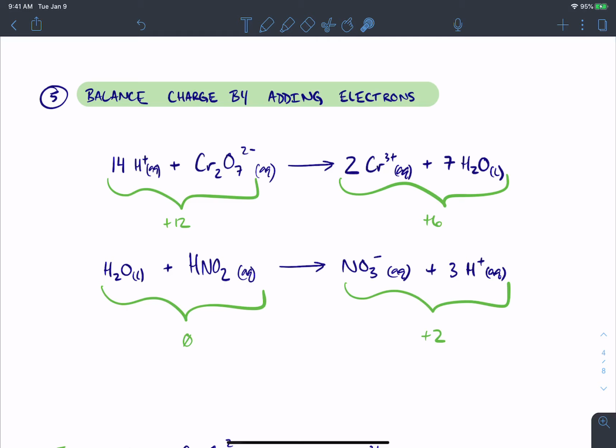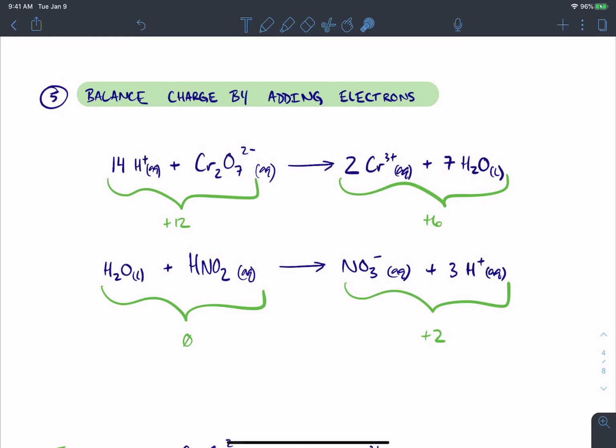So if we total up the number of charges on each side of each one of these half reactions, we'll notice that on the reactant side of the chromium half reaction, we have a total of a plus 12 charge, because we have these 14 positive charges and then 2 negative charges for a total of 12. And then over on the product side, we have 2 times 3 is 6. Water is obviously neutral, so we have a total of plus 6 on the product side.